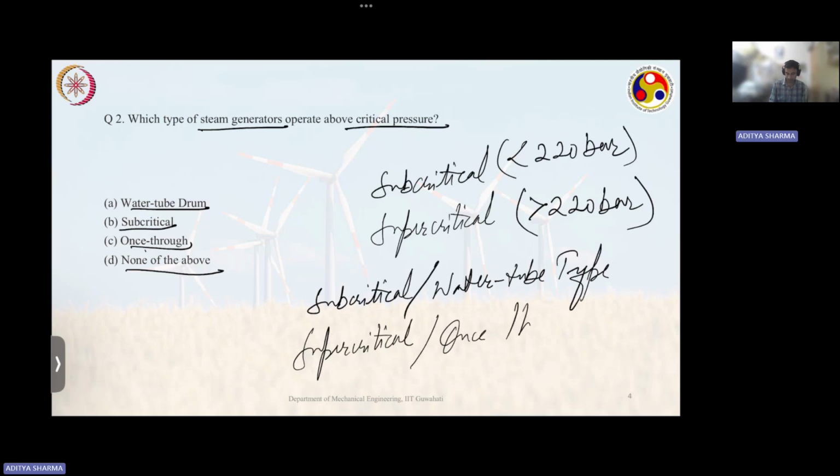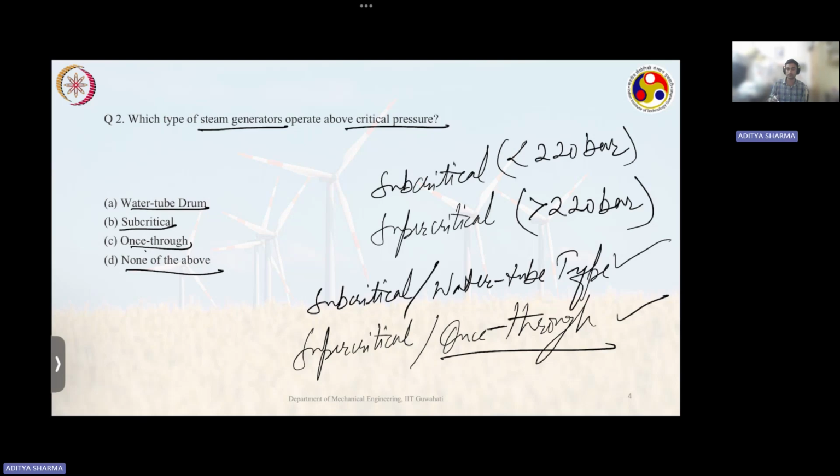is once through. So why once through? Because there is no circulation here. In your water tube type of boiler, the circulation takes place in your steam drum. But here, because there is no partial vaporization, no steam drum is required and no circulation is required.